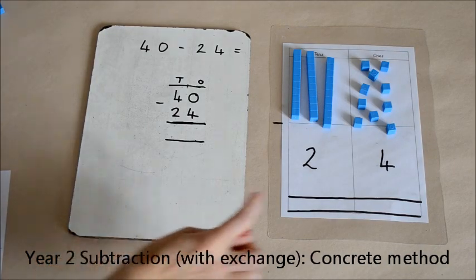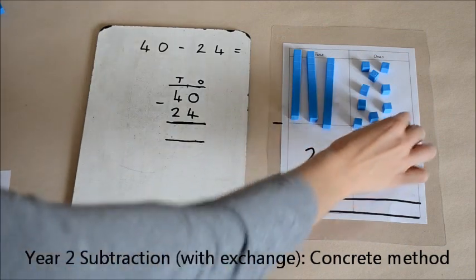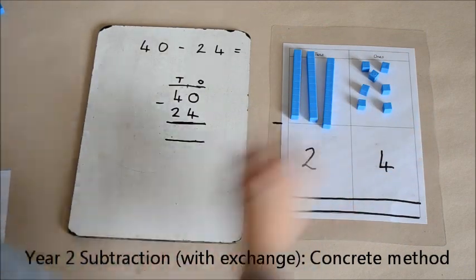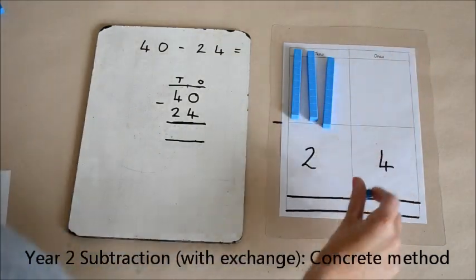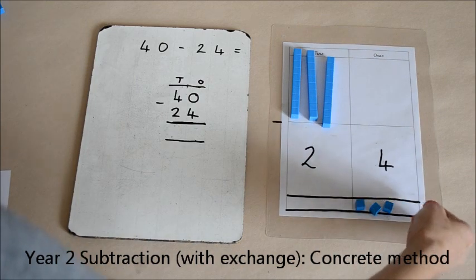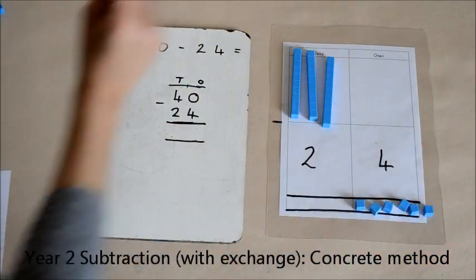Now I'm going to subtract 4 away from the 10 ones that I've just exchanged: 1, 2, 3, 4. I'm going to count up the ones and see how many I have left: 1, 2, 3, 4, 5, 6.